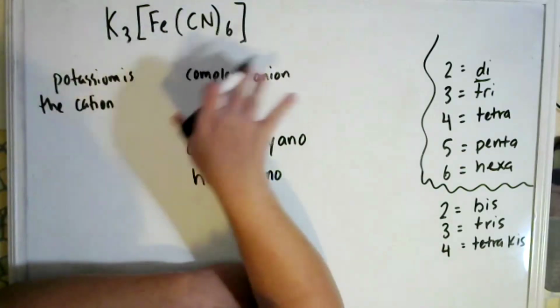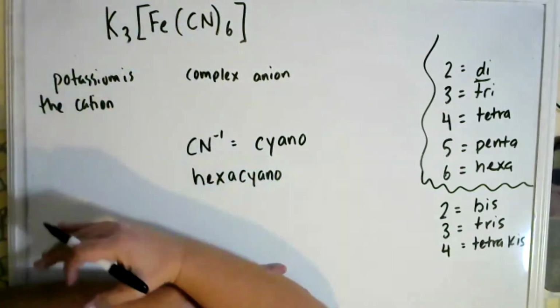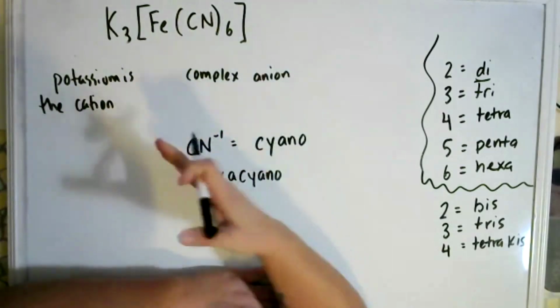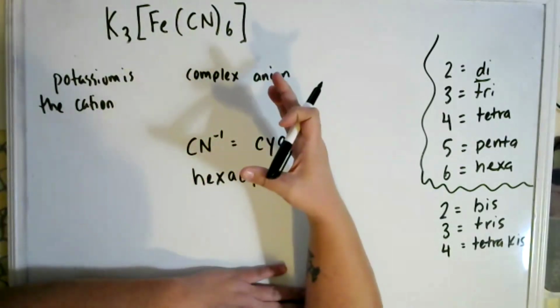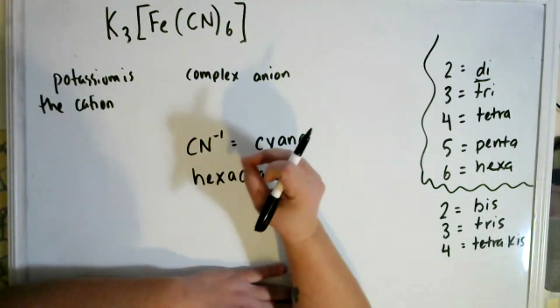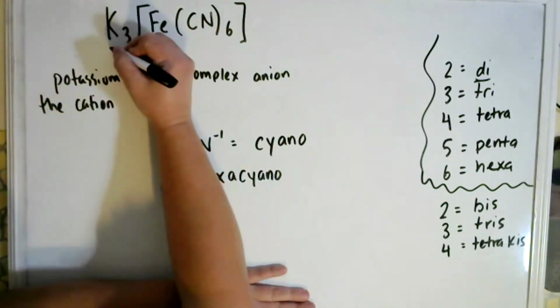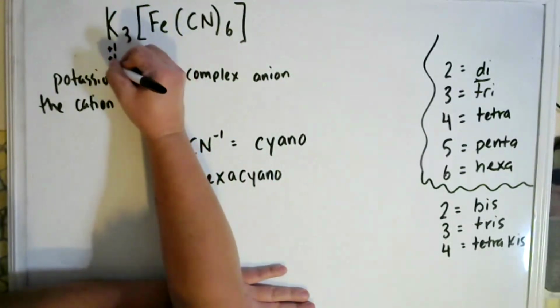Again, we know that overall our coordination compound is going to be neutral. And now we can use the information we know about potassium and about cyanide to figure out the oxidation of the iron. We know that potassium is in group 1 of our periodic table, so every potassium is going to have a +1 charge and a +1 oxidation state.